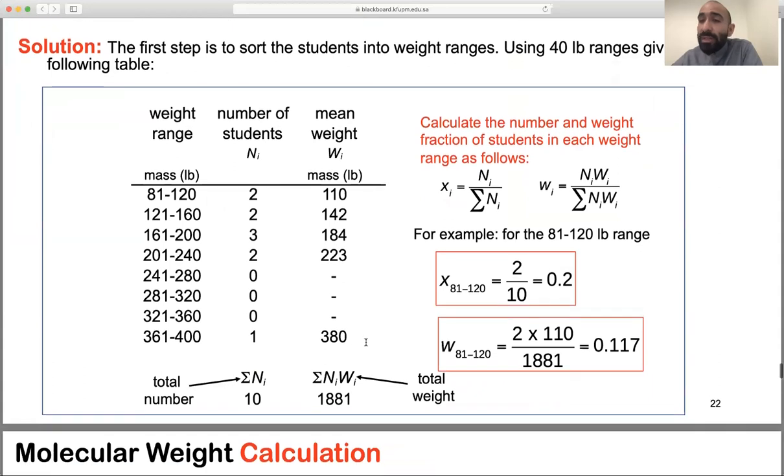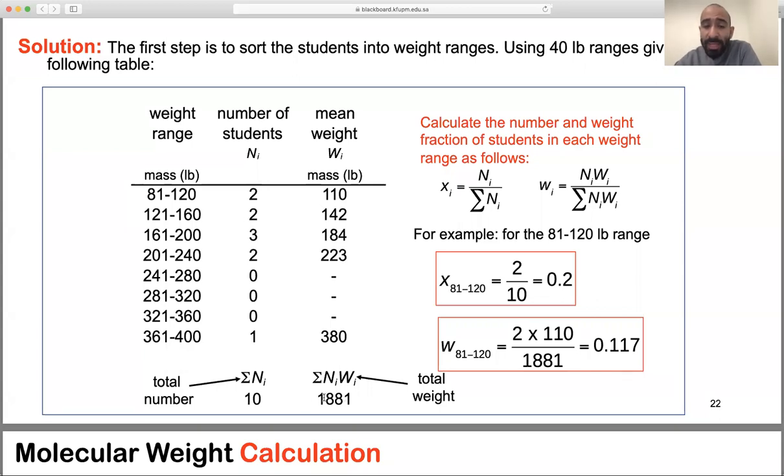If you want to calculate the weight average molecular weight, we multiply Ni times Wi, which is the mean, and then take the summation of this.